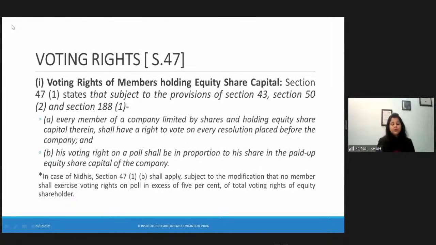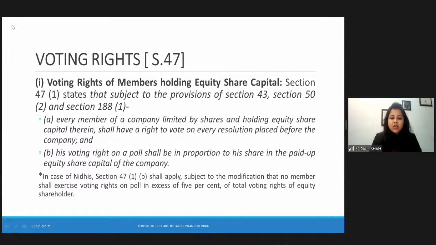Okay, now coming to the concept of voting rights. In case of voting right also, we will study under two headings: voting right of equity share capital holders and voting right of preference share capital holders. So, the voting rights have been provided for in section 47.